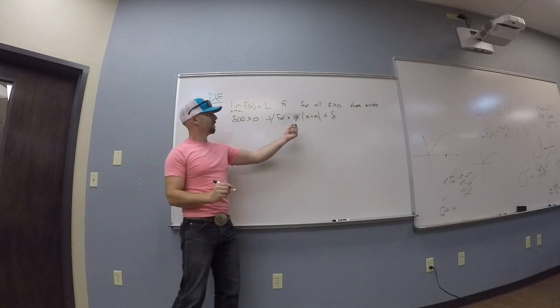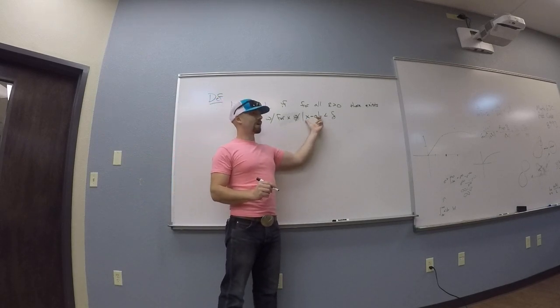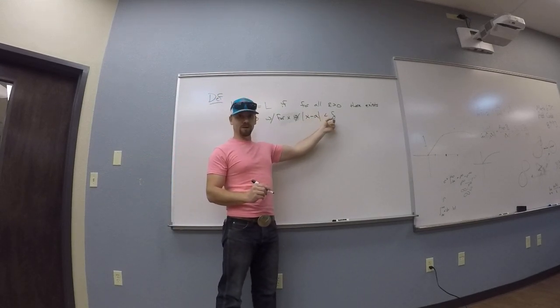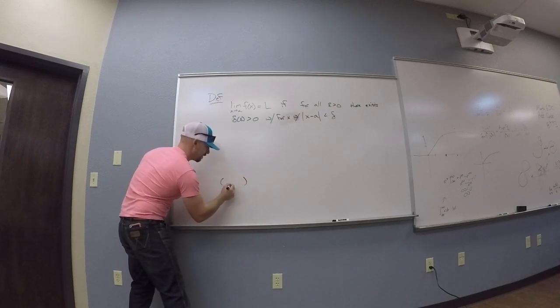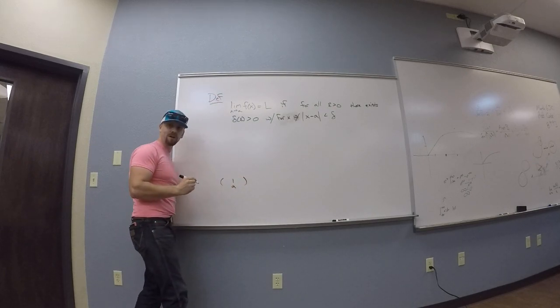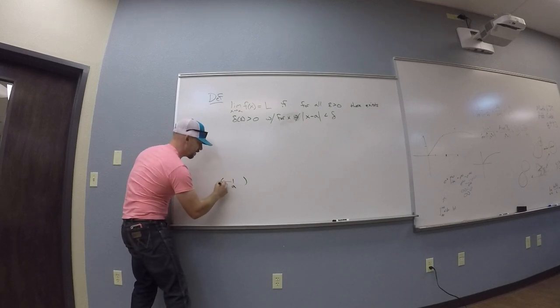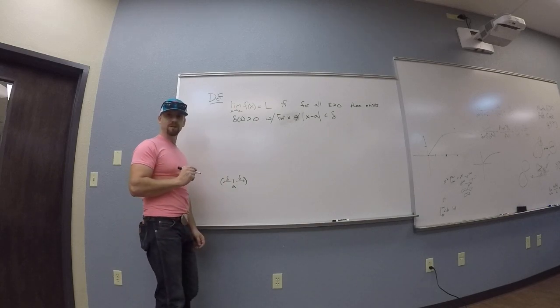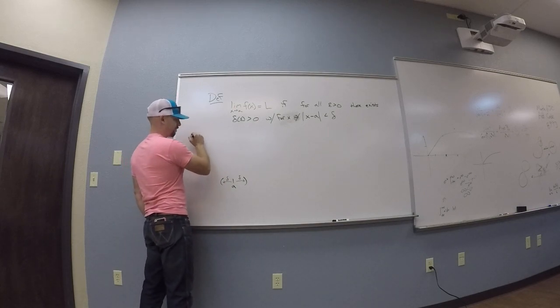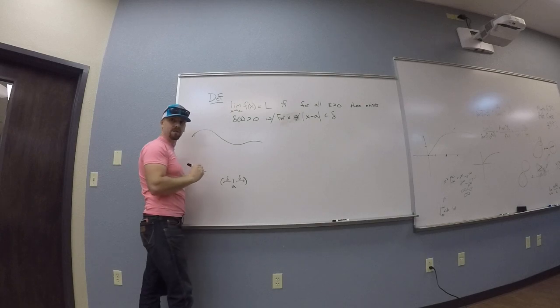So I'm saying anytime I've got an x value within delta of a, right? So that's like this. I've got some a value, and I'm saying, if I go out to either side delta, and I've got my function up here maybe.